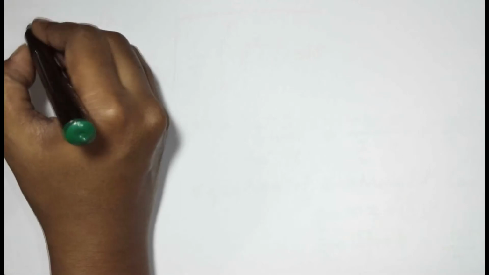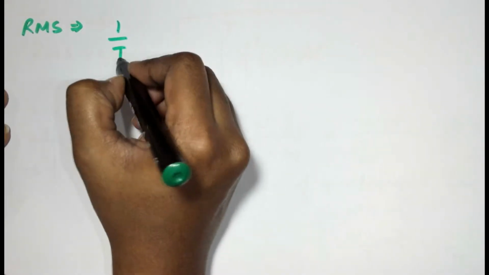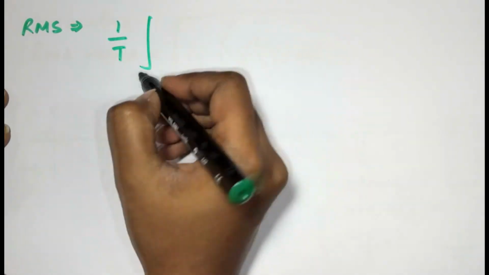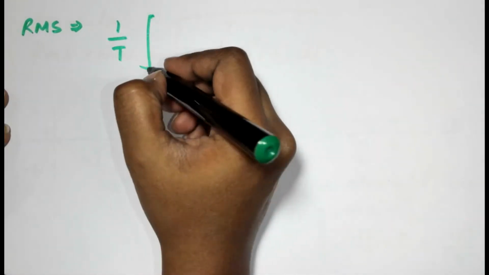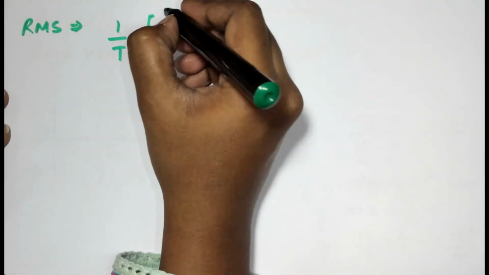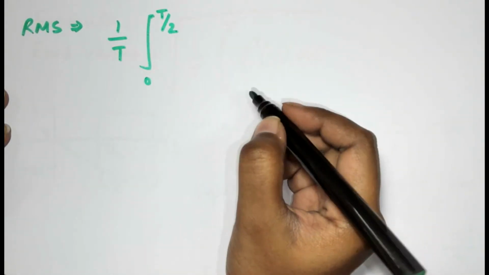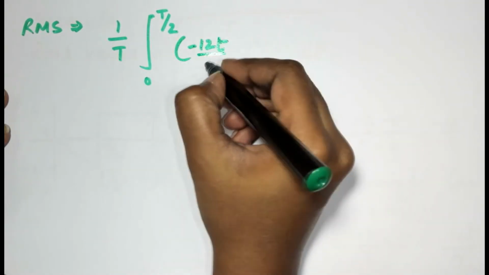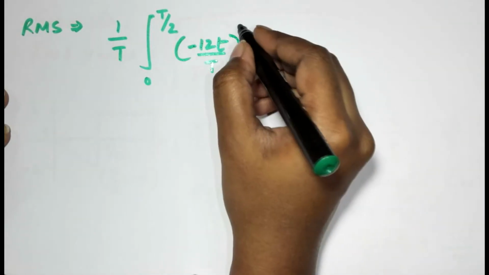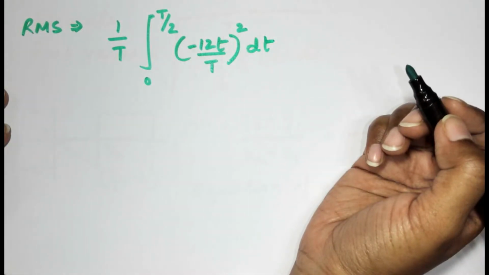So now our RMS value is 1 by T, which will remain the same, and we are going to split the integral into two parts. First we will write down 0 to T by 2. And what is the function from 0 to T by 2? Minus 12t by capital T, squared, dt, because it is f square of t, right?